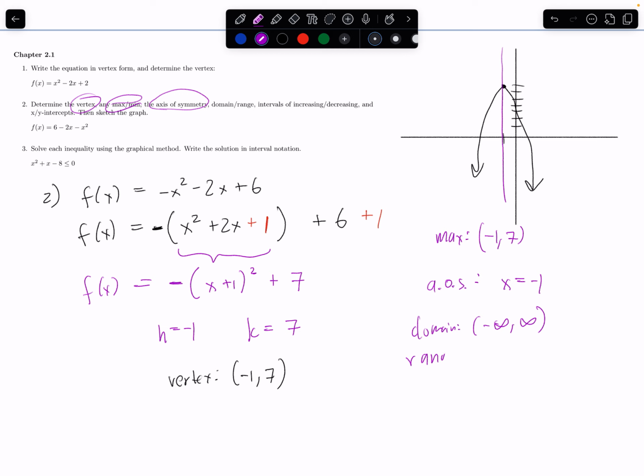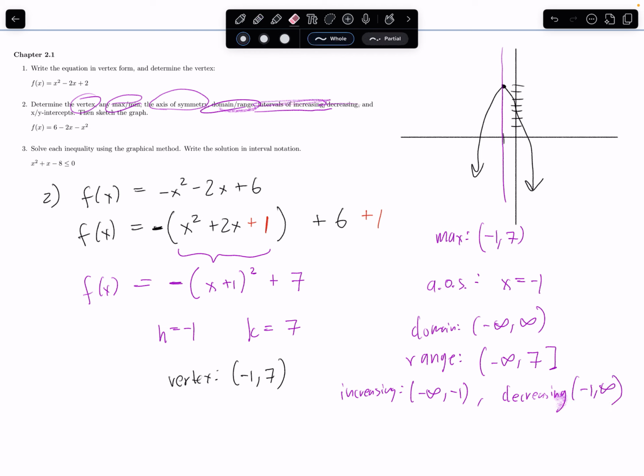And the range is from negative infinity up until that 7, including the 7, so a hard bracket there. That's that. Intervals: increasing until you get to the middle, so from negative infinity up until negative 1. And then decreasing after that, from negative 1 onwards. Yeah, that's that.